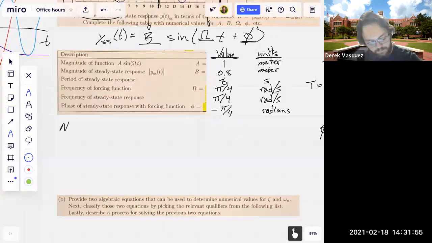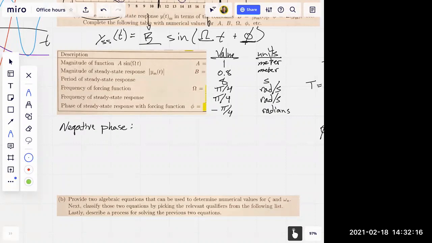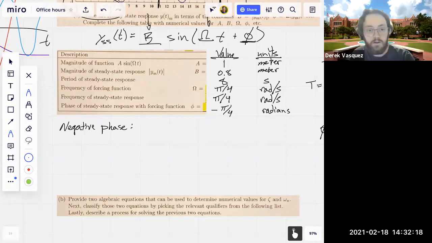So negative phase. Does that mean that the steady state of y, does it lead or lag the forcing function? Does it lead? Wouldn't it be?